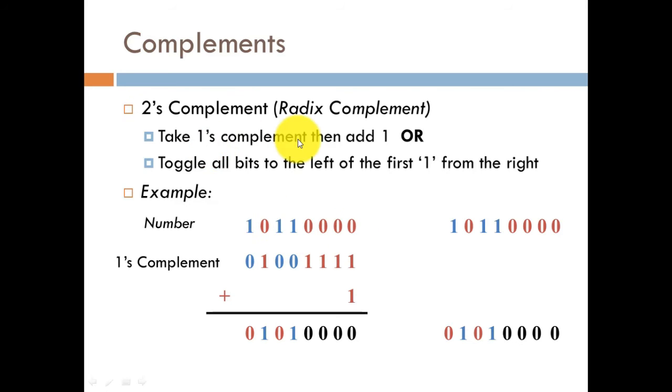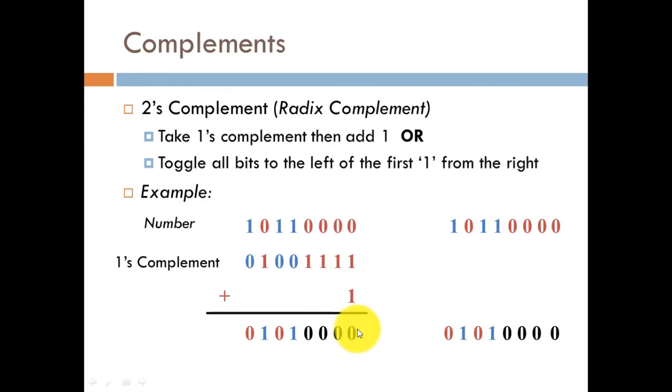We are going to take the 1's complement of this number by simply flipping the bits: 0 becomes 1, 1 becomes 0, and so on for each bit. Then we add 1.